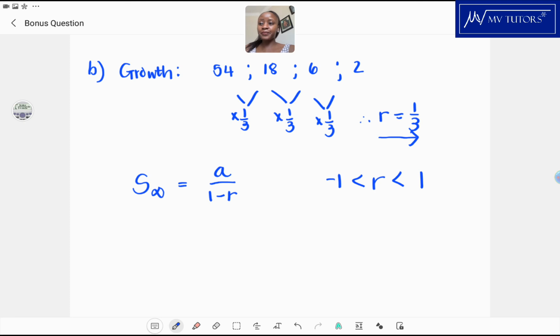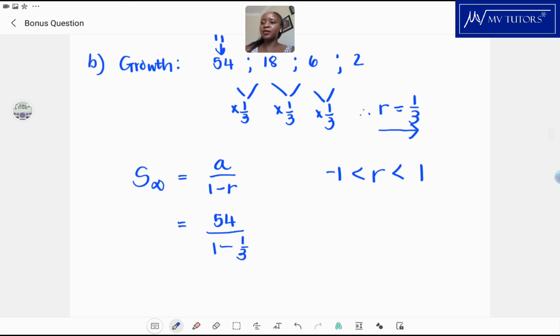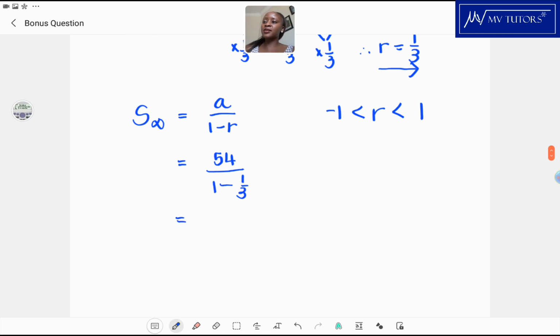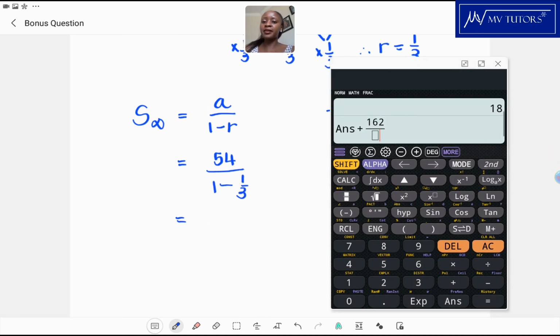It is applicable. Our first term, a, is 54. And we have 1 minus r being 1 minus a third. So 54 divided by 1 minus a third, that is 81.